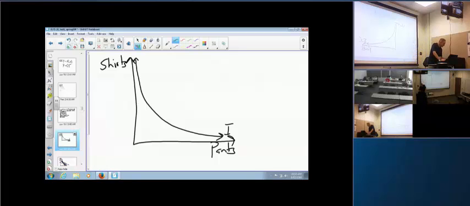So remember, this is that third element. You got your prices and your income that determine what you can buy, but this shows what you want to buy. This is how you value shirts and pants relative to one another. That's ultimately what these indifference curves show.